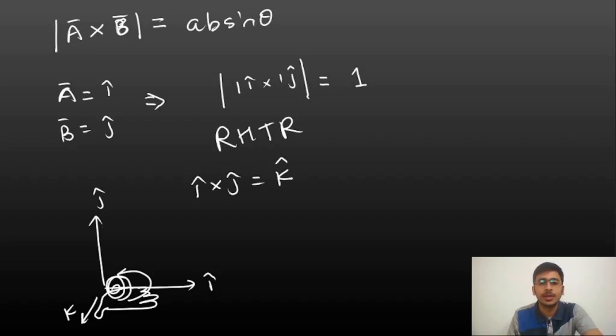If you keep it like this and rotate, you'll get J cap cross K cap is I cap. I don't know how this camera works, but this is how you do it.